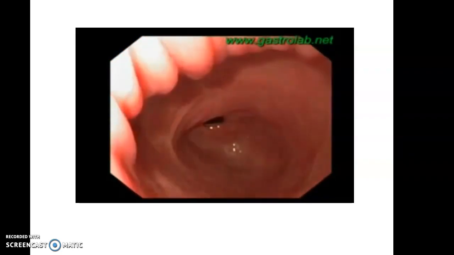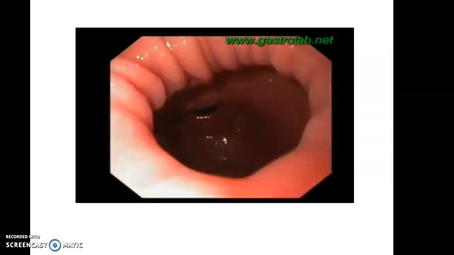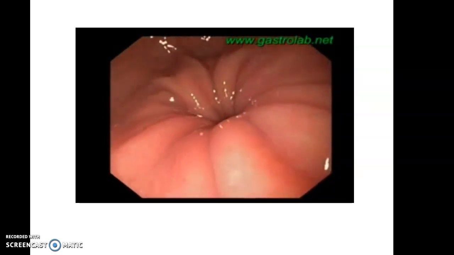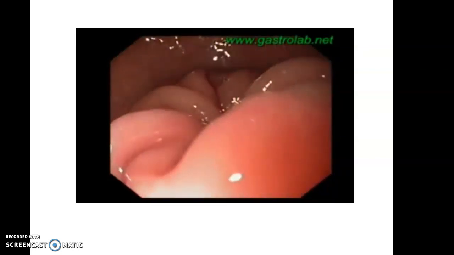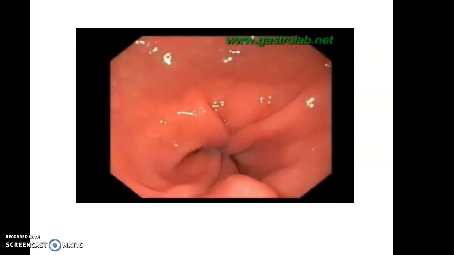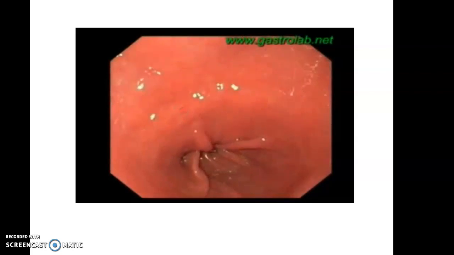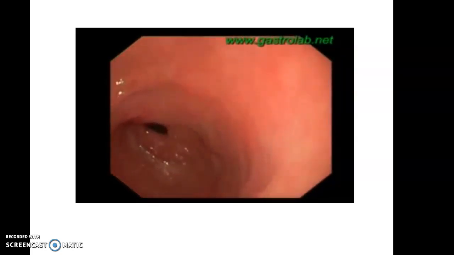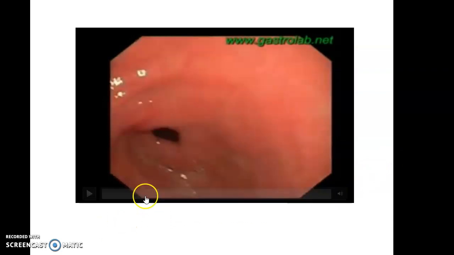Here comes another wave of contraction. Way down there, that little dark hole there, that is going to lead to the small intestine.